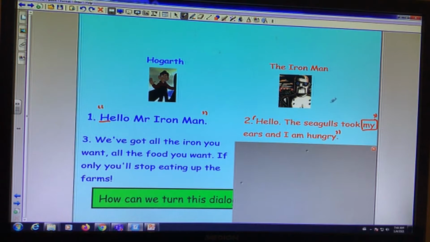He doesn't say, "Hello, the seagulls took my." He actually says, "Hello, the seagulls took my ears and I am hungry." So the closing speech marks go here, not there. Oh dear, must be very early in the morning. So there are our speech marks. That is where they go. Okay, let's carry on. Look at what the conversation has next.